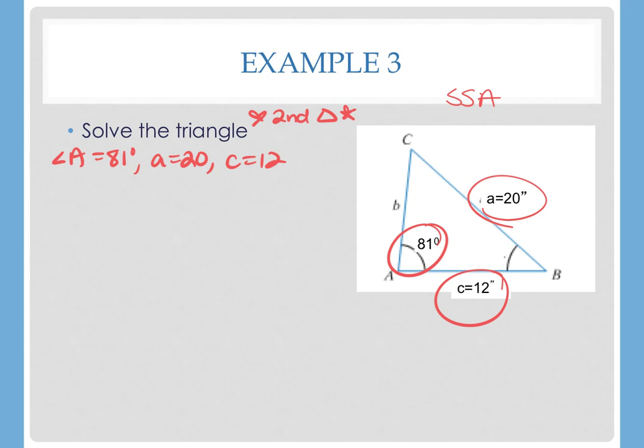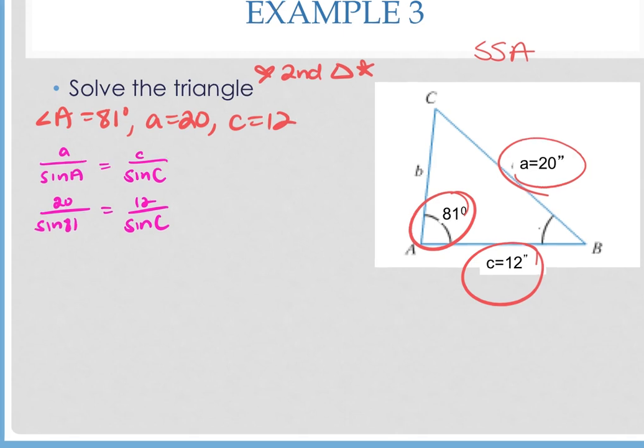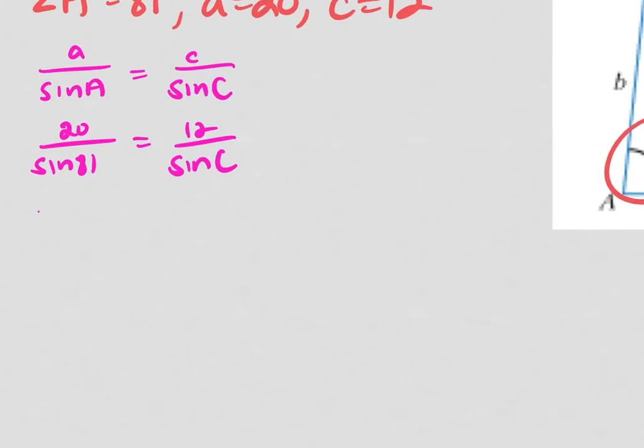So which completed ratio do you have? A. So I'm going to do A over the sine of A equals, the other letter we have is C. So C over the sine of C. So I get 20 over the sine of 81 equals 12 over the sine of C. Then I cross multiply: 20 times the sine of C equals 12 times the sine of 81.